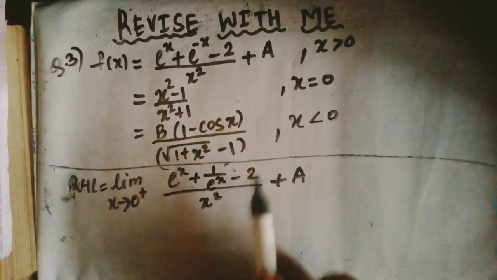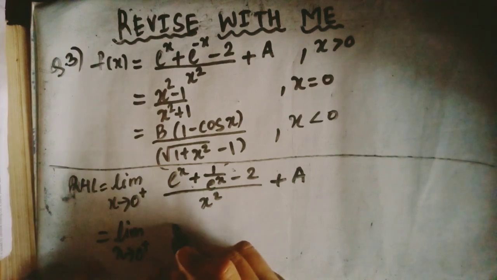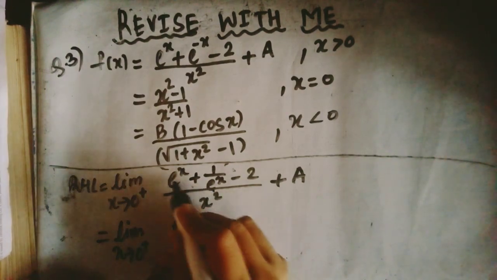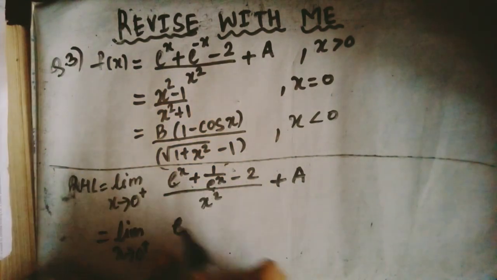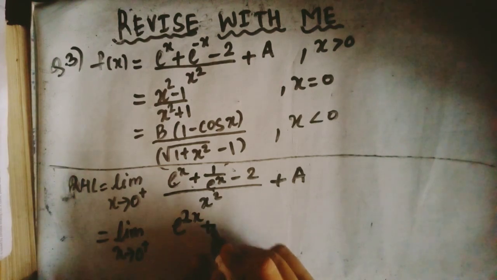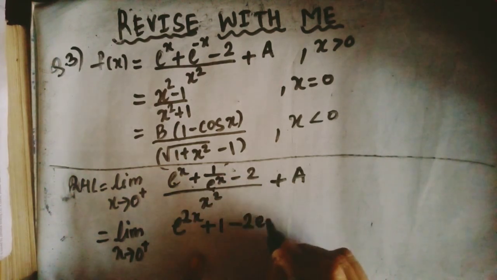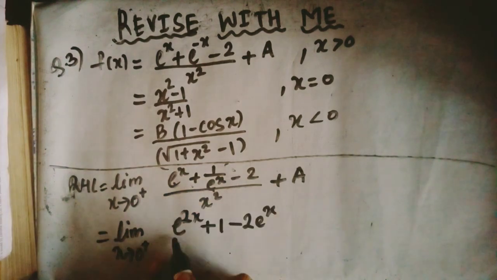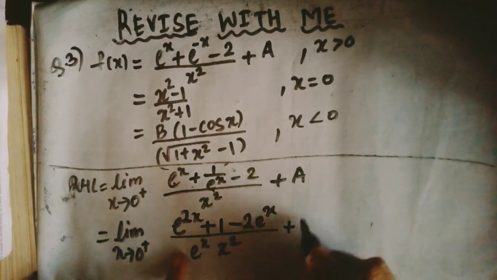Okay, now cross multiplying, you will get e raised to x into e raised to x, so the power gets add up, so you'll get e raised to 2x plus 1 minus 2 e raised to x, okay, upon e raised to x into x square plus a.